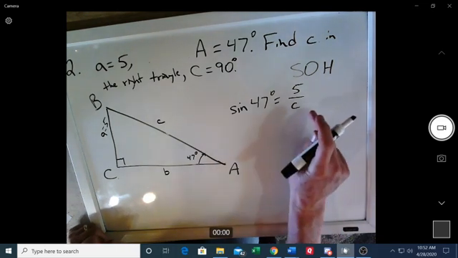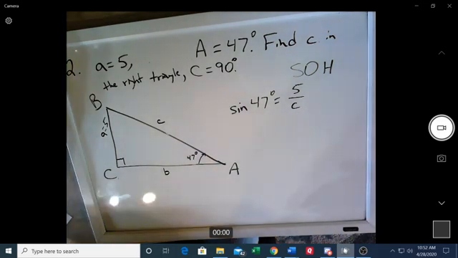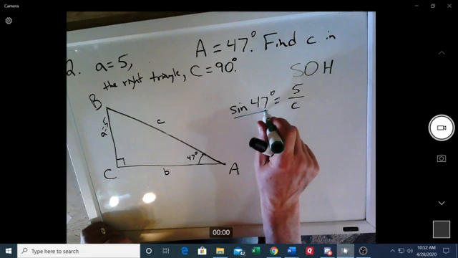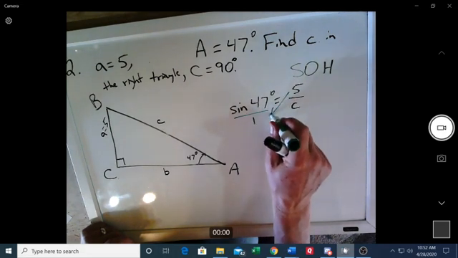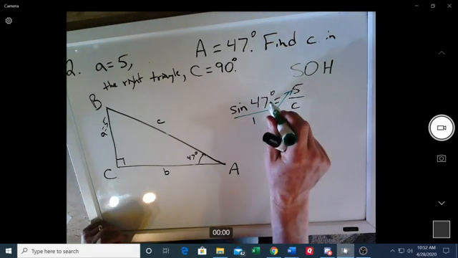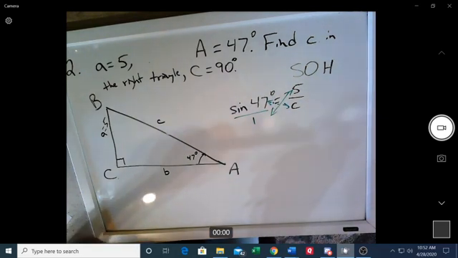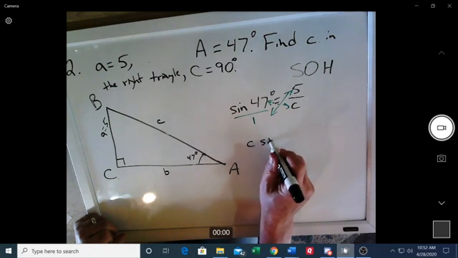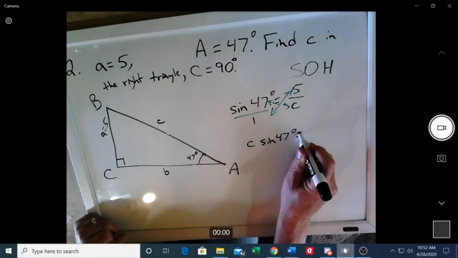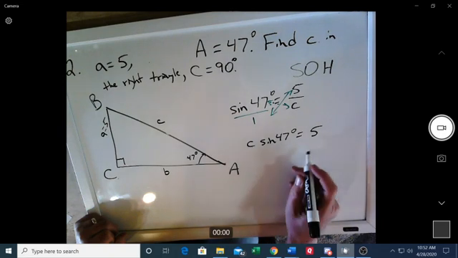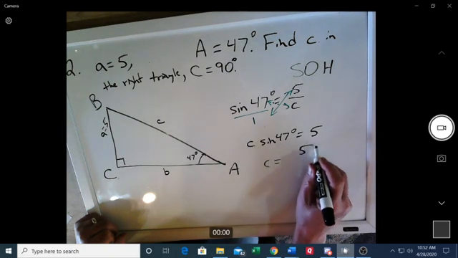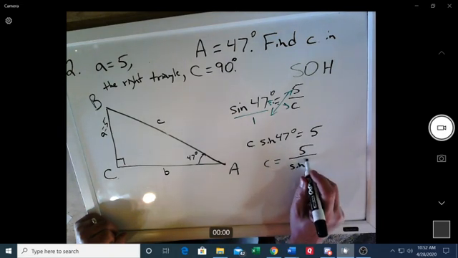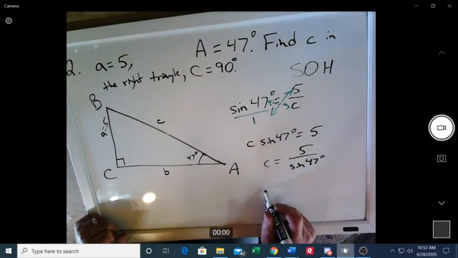And then I'm going to multiply both sides by c, or if it's one fraction equals one fraction, you can cross multiply. These multiplied together will equal each other. So c times the sine of 47 degrees is 5 times 1, or c is equal to 5 over the sine of 47 degrees.